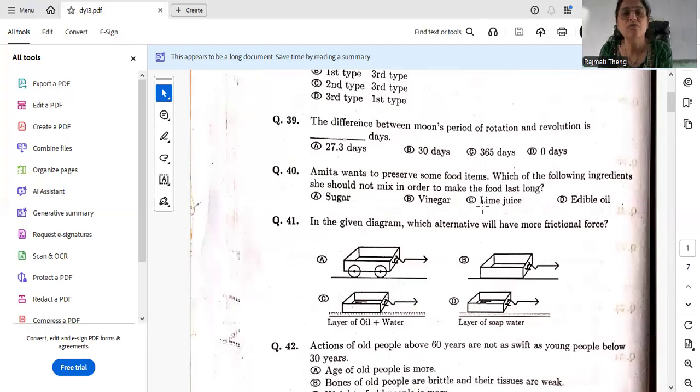Question number 40. Amita wants to preserve the food items. Which of the following ingredients should she not mix in order to make the food last long? Sugar, yes, sugar is a preservative, so Amita should add the sugar.